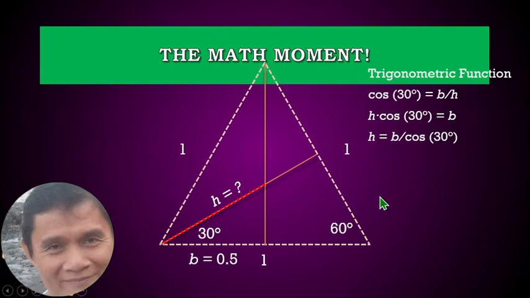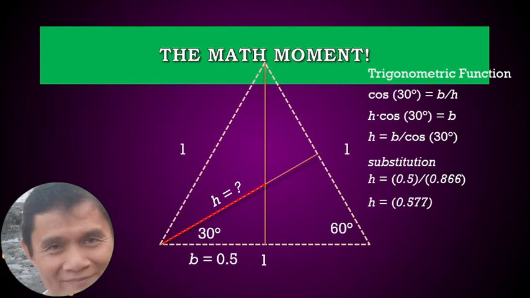So h can be computed by b over cosine of 30 degrees. With the values given, 0.5 over 0.866 gives you a value of 0.577 as the height, or proportions of that, if you were to consider several different sizes of equilateral triangle.